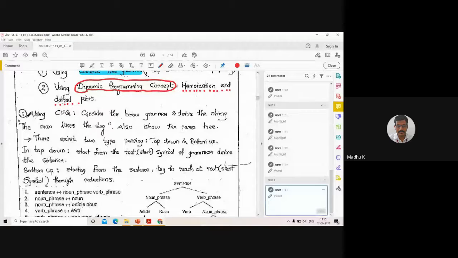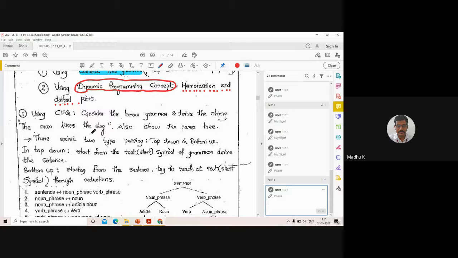In the first approach, we use a context-free grammar. We create a parse tree by applying different rules using a bottom-up or top-down approach. Then we create a syntax tree. That is our approach.